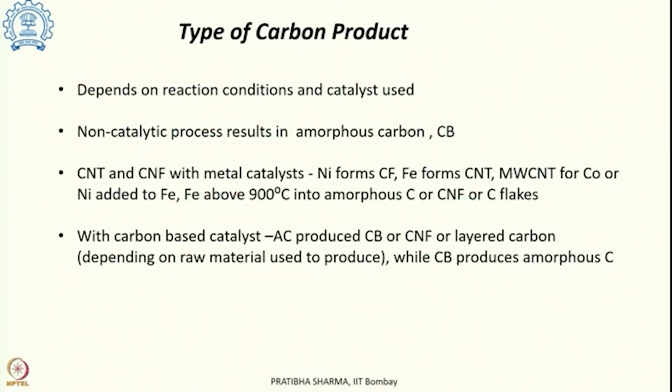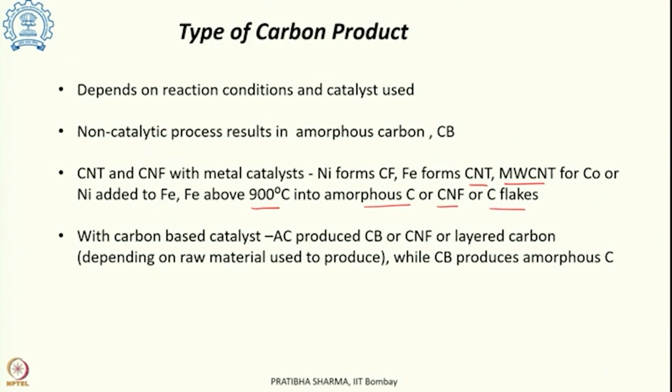If it is nickel, then it is carbon fibers. If iron, then carbon nanotubes. With cobalt or nickel being added to iron, it is multi-walled carbon nanotubes. However, with iron, when it is above 900 degrees centigrade, then it forms either amorphous carbon, carbon nanofibers or carbon flakes.